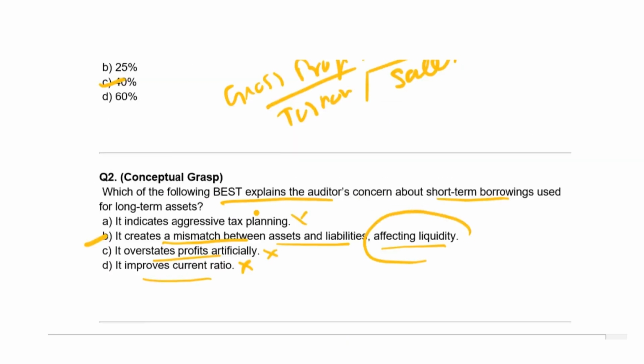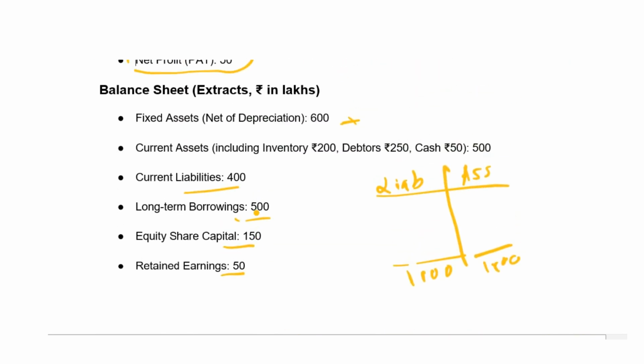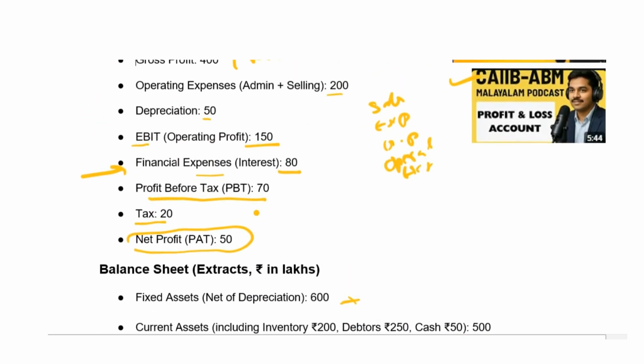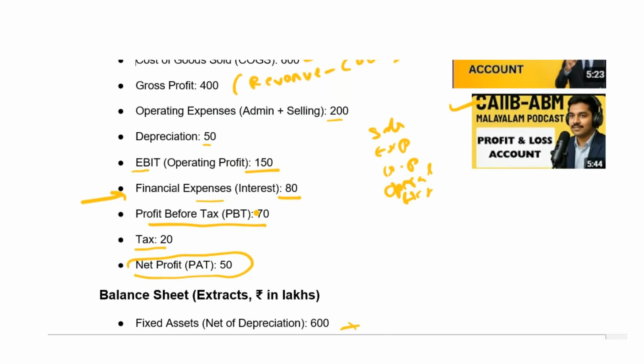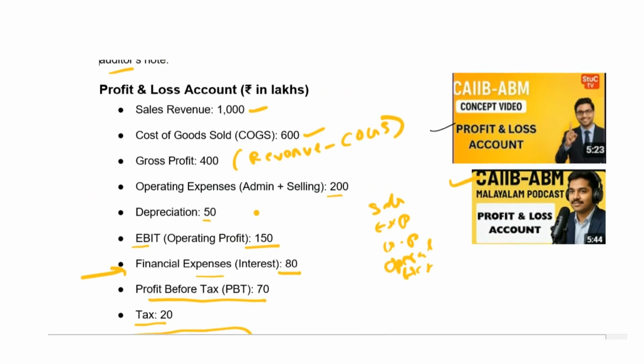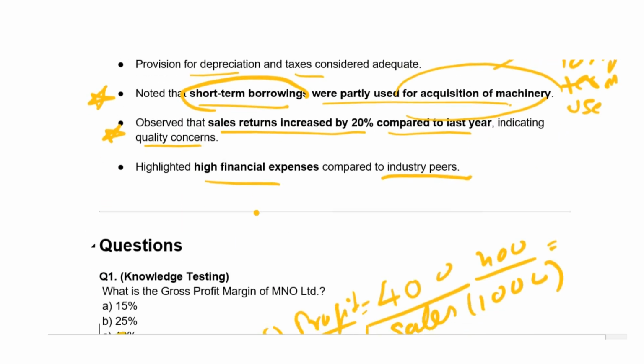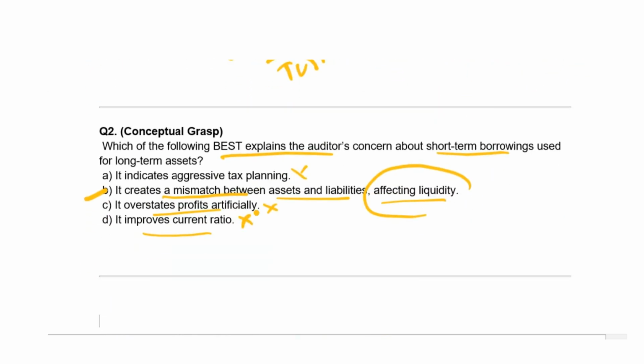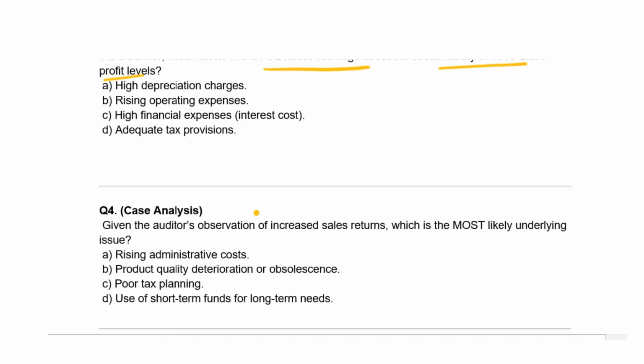So if you look at the P&L statement again, out of all those things, depreciation is 50, financial expenses 80, operating expenses is 200. So which is the most threatening to their profit?